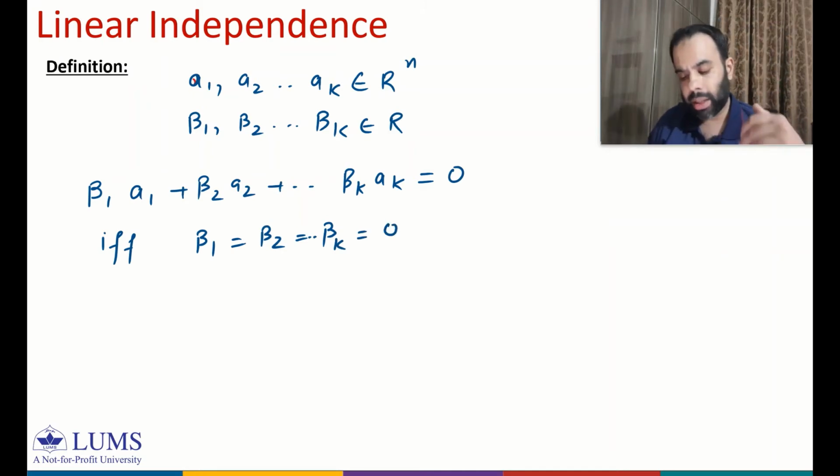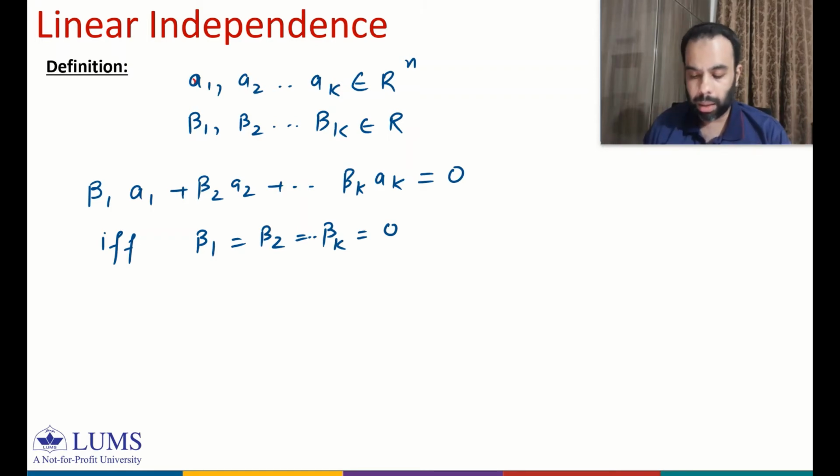If all the betas are 0, only then the linear combination is equal to 0. Otherwise the linear combination is not equal to 0. So there is no non-zero beta for which the linear combination is equal to 0.